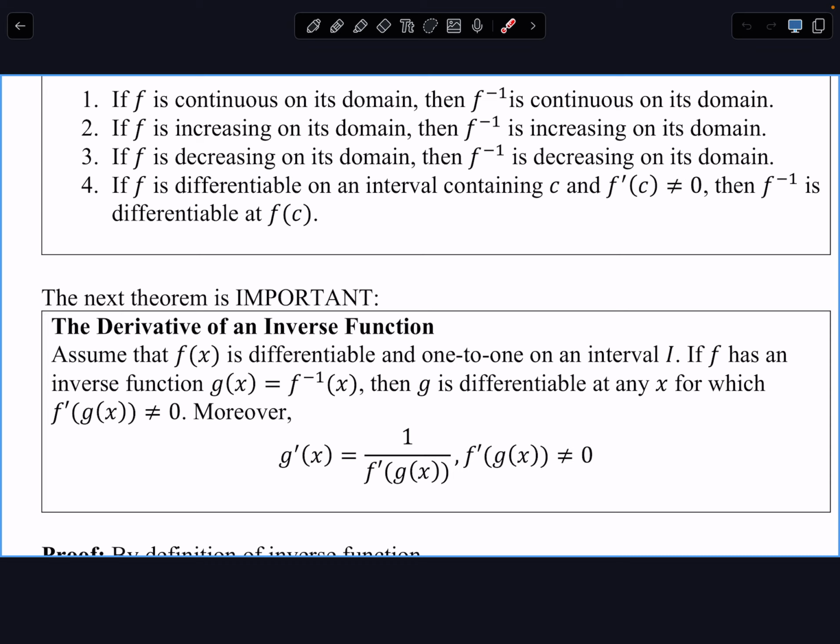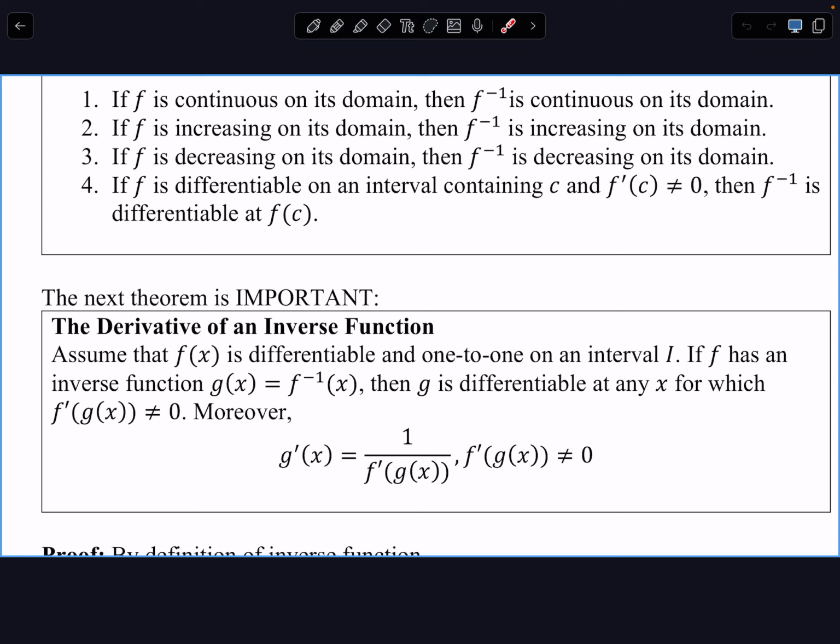This goes back to what this statement said. g prime of x, the derivative of its inverse, so you're presented with a function, and if you needed to determine the derivative of its inverse, g prime is 1 over f prime evaluated at g of x.